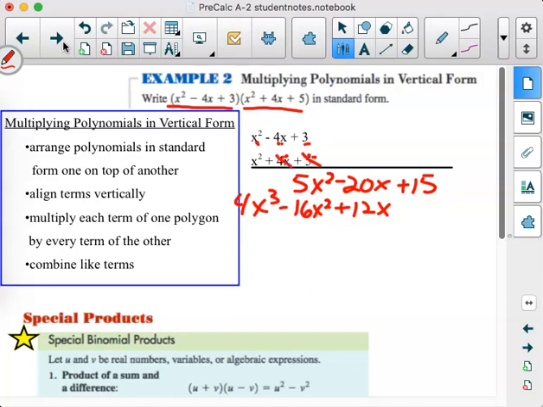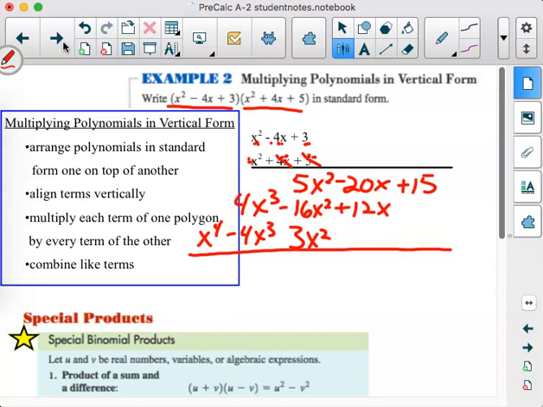Now I'm done with that 4x on the bottom, and I'm up to the x squared. And I take x squared times each of the terms, starting with the 3. So that would give me 3x squared minus 4x to the third plus x to the fourth. Again, lining those up so that I can combine like terms.